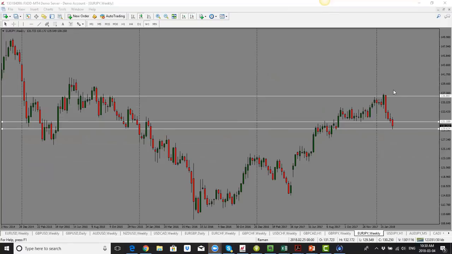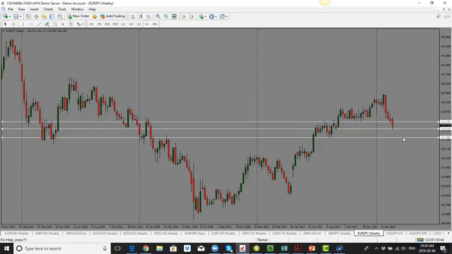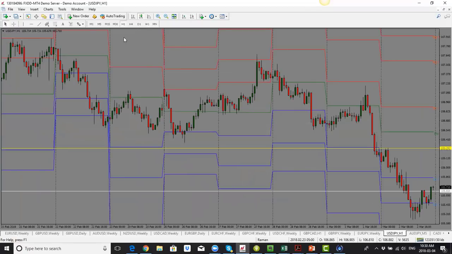So with this one, looking for a further move to the downside, but again, with the volatility in the euro, I would be looking for pullbacks and then a further drop here. My target is 127.80, and we could get a pullback into 131.00 or 131.20 level, and then a further drop. So biases to the downside for euro yen.